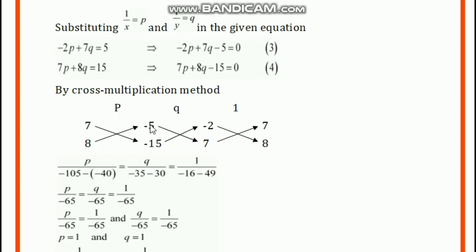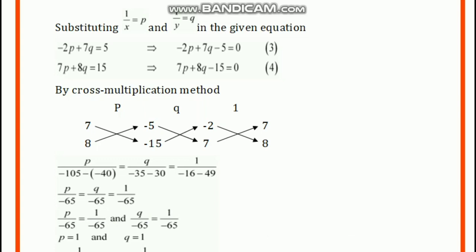Then here also q divided by minus 5 into 7 is minus 35, minus 15 into minus 2 is plus 30, then minus 16, then minus 49. Then simplify, we get p divided by minus 65 equal to q divided by minus 65 equal to 1 divided by minus 65. Then compare p and q with the constant value.